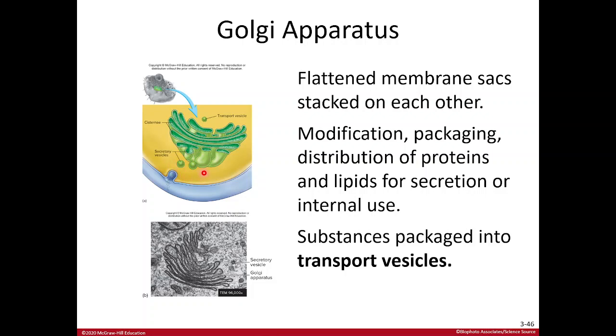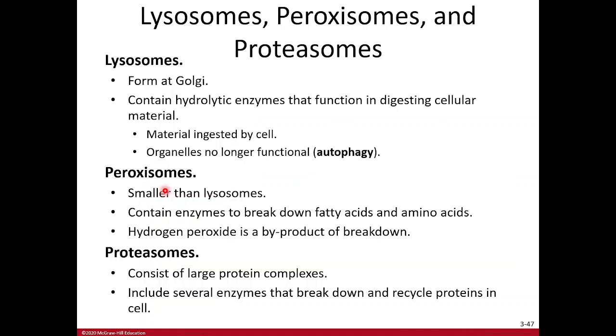So it's similar to a UPS. It will receive packages and then it will deliver them. And this is the transmission electron micrograph view of the Golgi apparatus or complex and the secretory vesicles that ultimately, in some cases, will be extruded or exported from the cells.